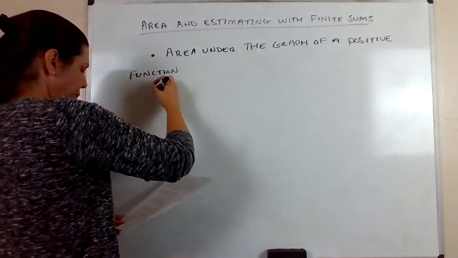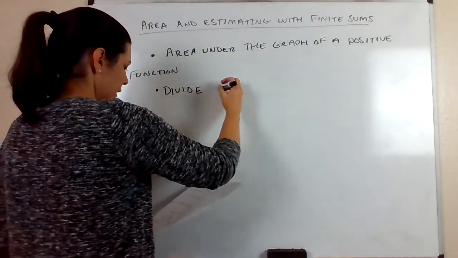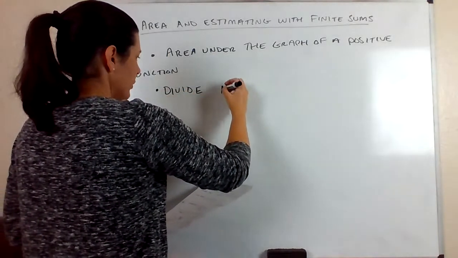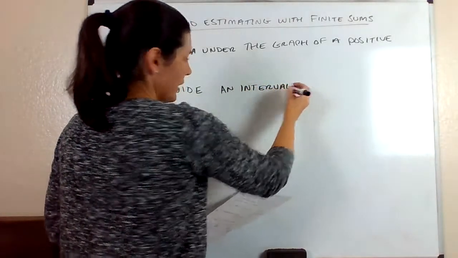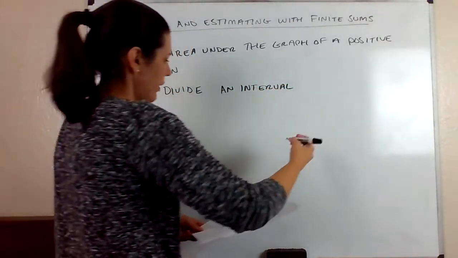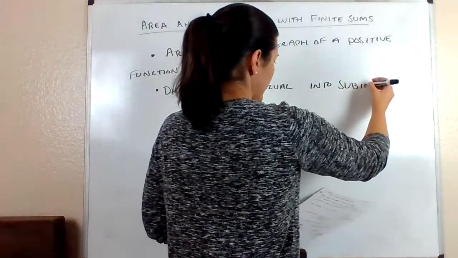And what we're going to end up doing is dividing an interval. A lot of times you'll be told the interval, so this will be given to you. Divide an interval into what are called subintervals.